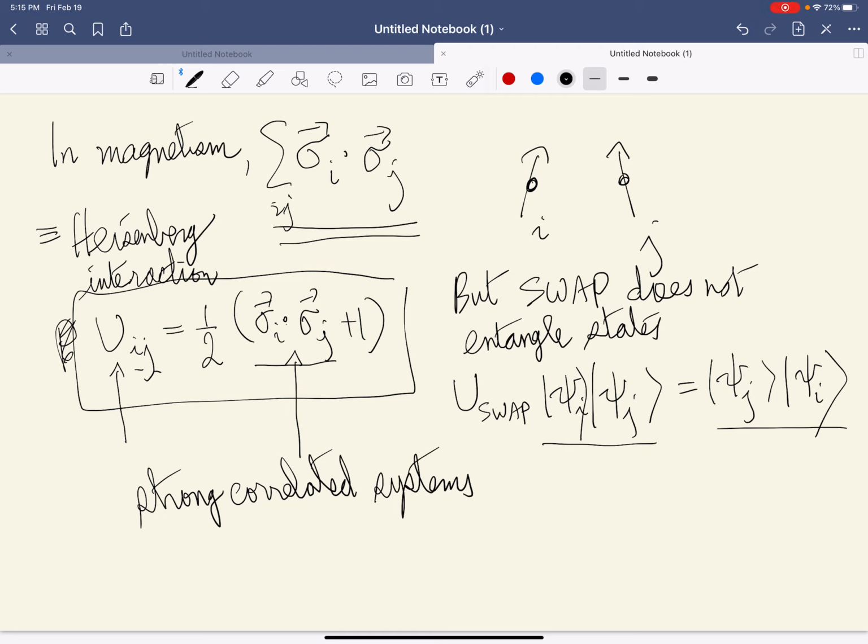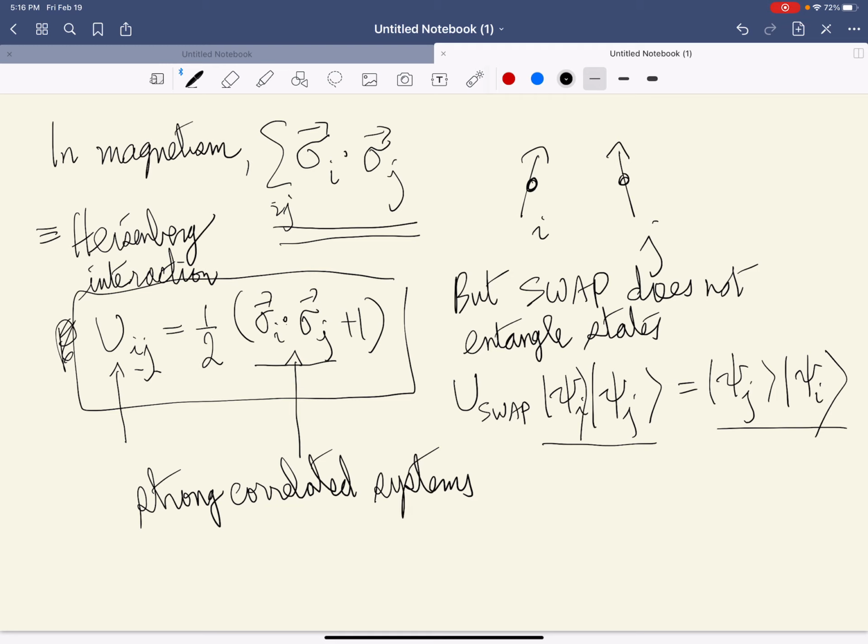And usually a bunch of spins that are interacting through this Heisenberg interaction provides a huge challenge to theorists and experimentalists trying to figure out just exactly what the true ground state of such a system is.